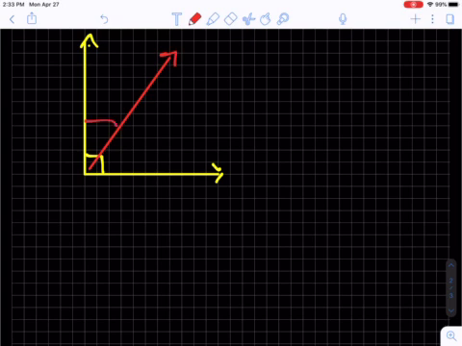And I know that that angle is 35 degrees. So my question for you then is, what is the measure of x? In degrees, what is the measure of x?